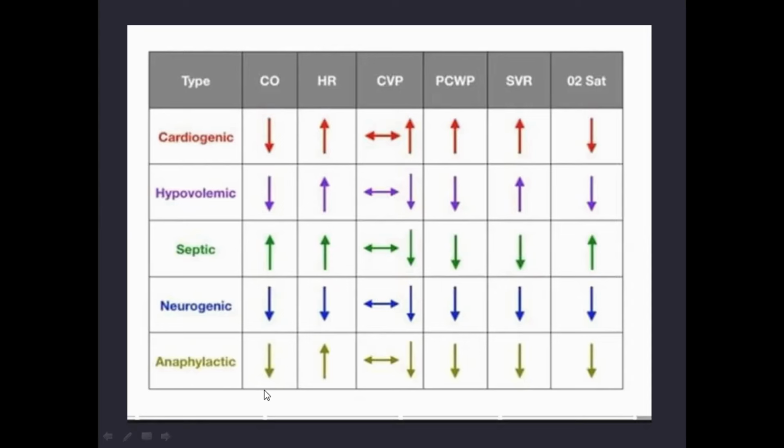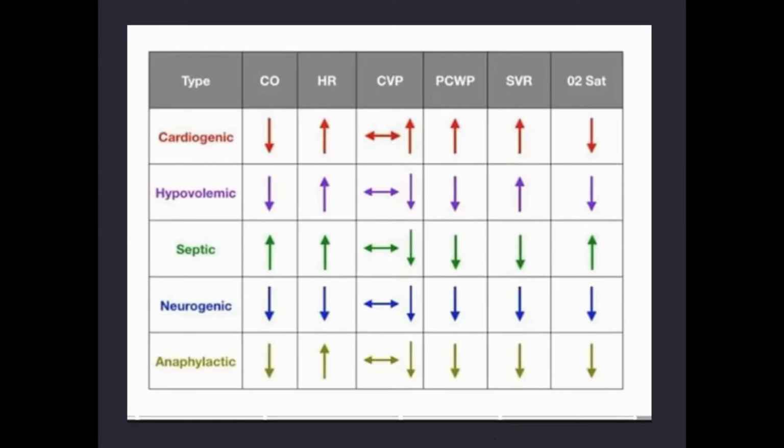The cardiac output is down because of massive vasodilation, which results in decreased venous return and decreased cardiac output. Now, heart rate increases due to reflex tachycardia as a result of decreased cardiac output and blood pressure.